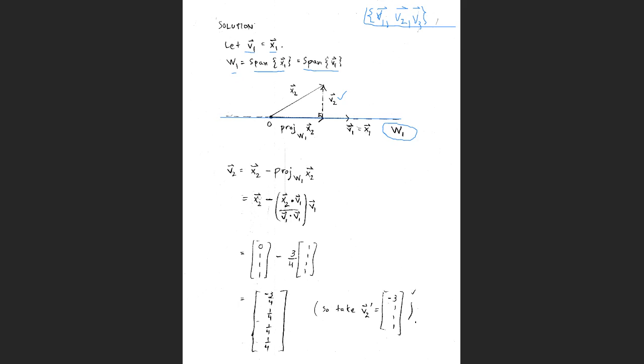So what I do here is I draw x1 and I draw x2. I might put this in maybe green.